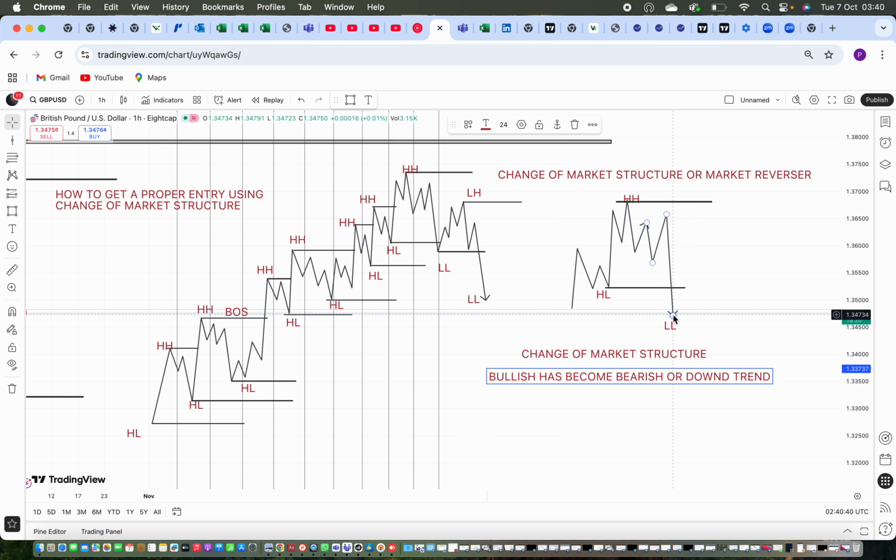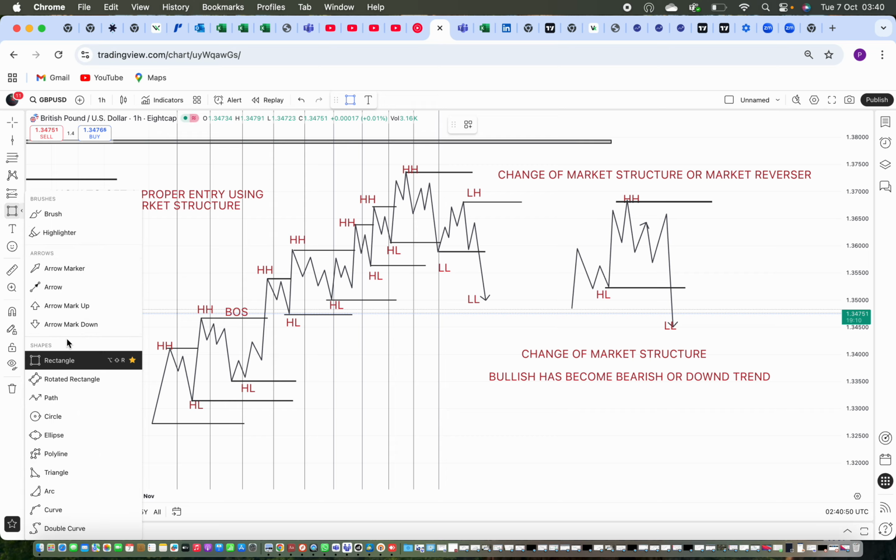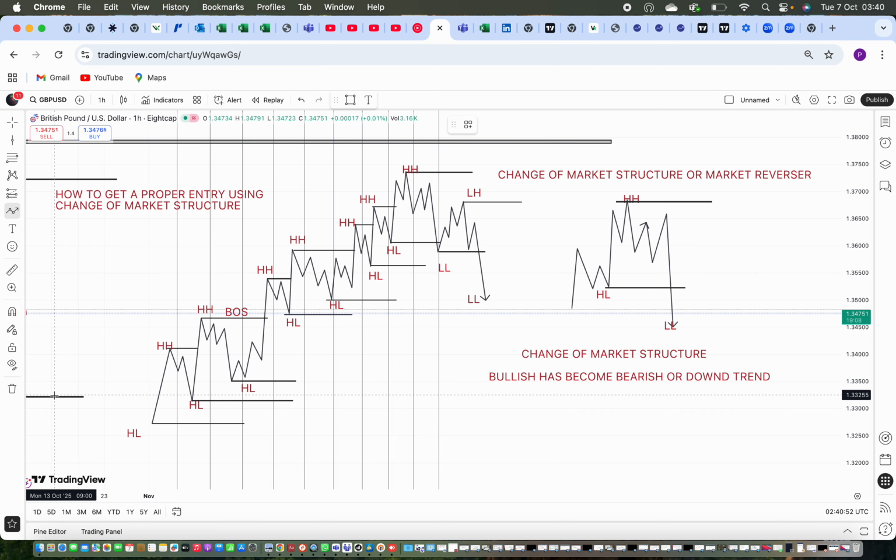Now once you see this kind of market shift that created a low like this, what you should be expecting to do as a trader is to look for the next opportunity to trade this market to the downside. So what do you expect? We have our higher high and our lower low.